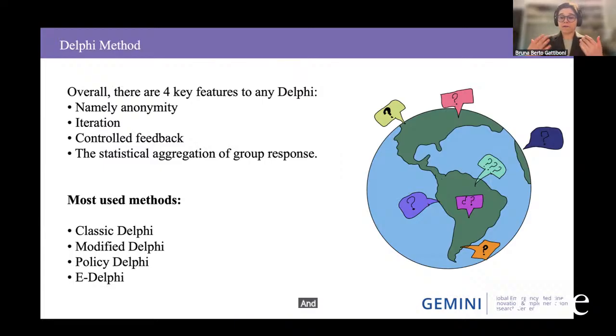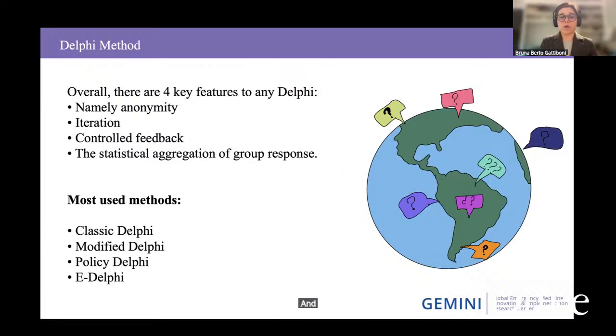After this feedback, they can think about what they answered and how their colleagues answered, and reflect on this process. And the last is the statistical aggregation of group response. These are the four features of the Delphi approach.